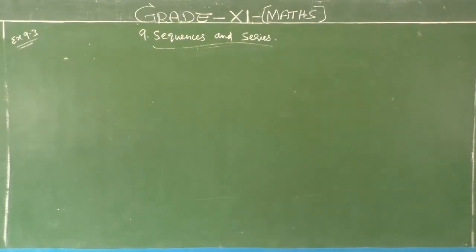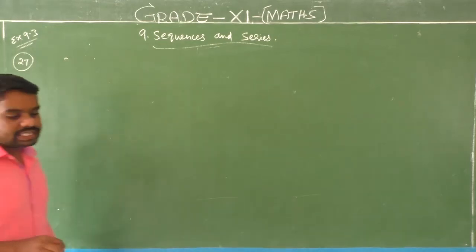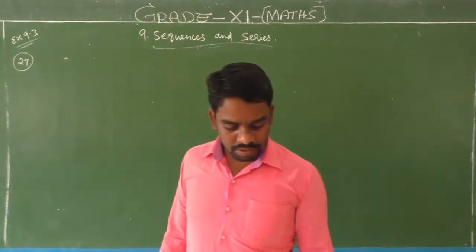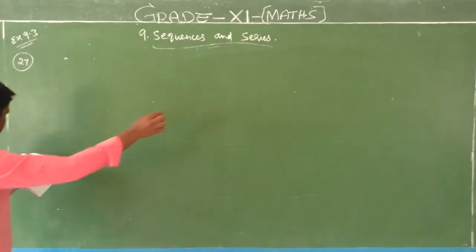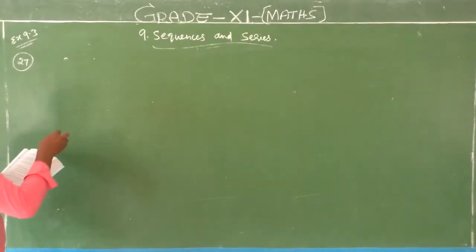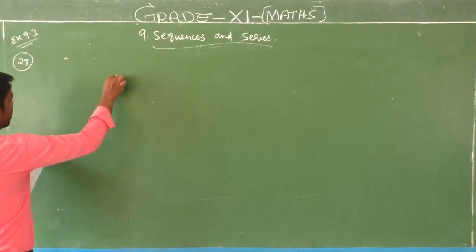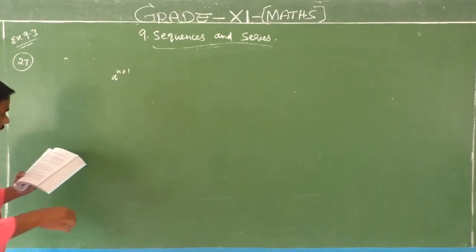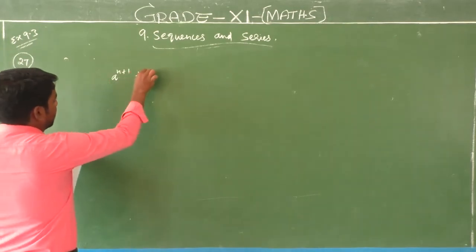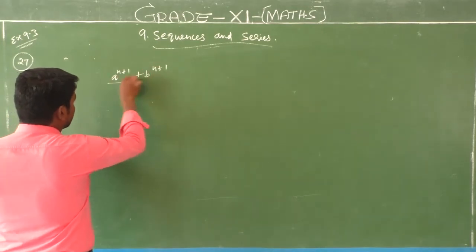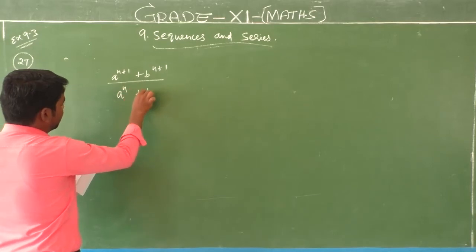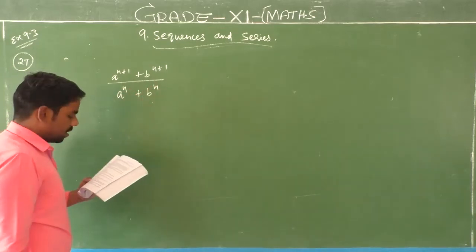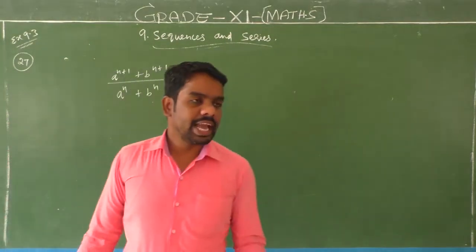Next, question number 27. Find the value of n. So a power n plus 1 plus b power n plus 1, divided by a power n plus b power n, may be the geometric mean between a and b.